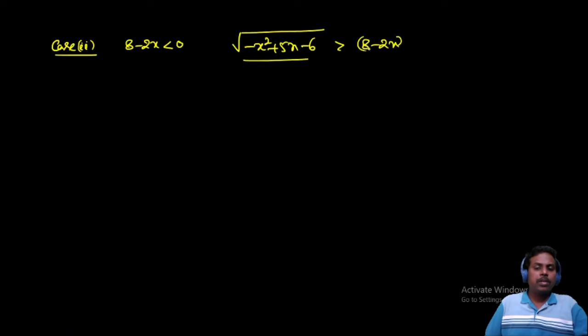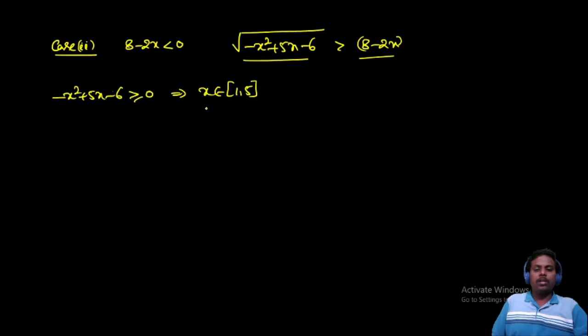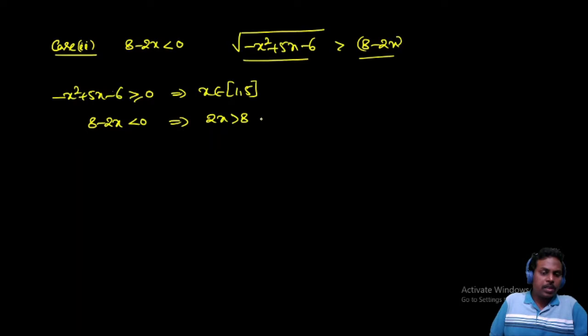In this case 8 minus 2x is negative, and a positive quantity is always greater than a negative quantity. So minus x square plus 5x minus 6 greater than or equal to 0 implies x belongs to the closed interval 1 to 5. And 8 minus 2x less than 0 implies 2x is greater than 8, so x is greater than 4.